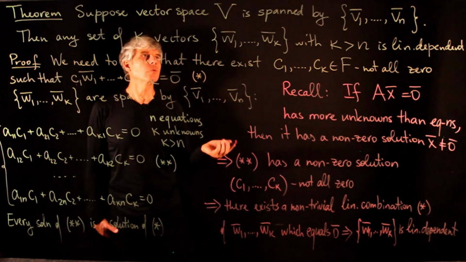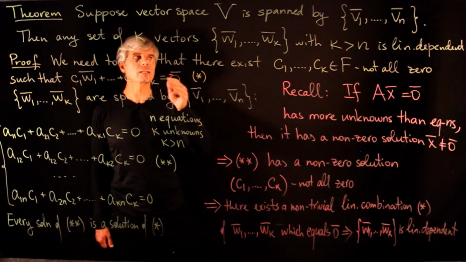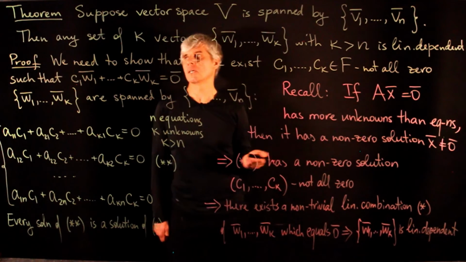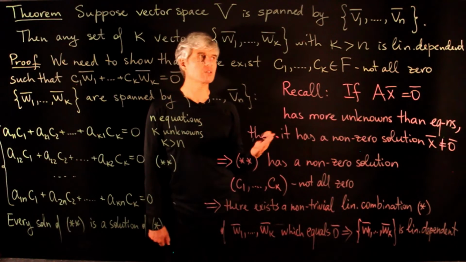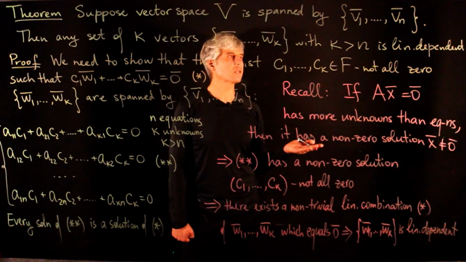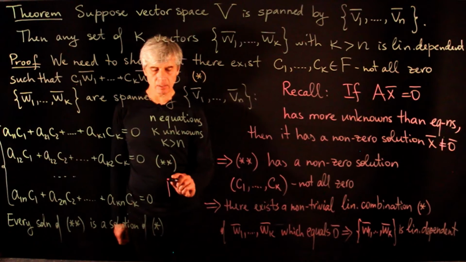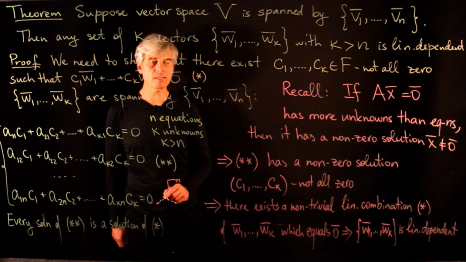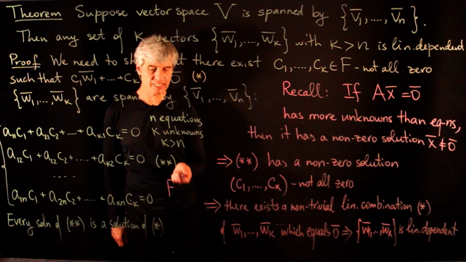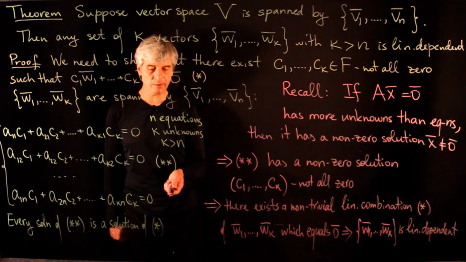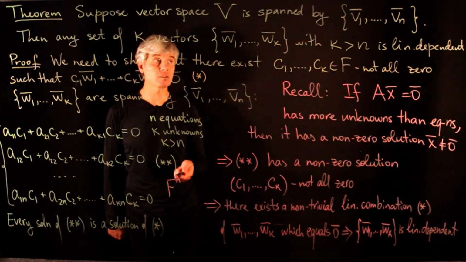So what we obtained is that if a vector space is spanned by n vectors, then any set of k vectors with k greater than n is linearly dependent. Now, if we look at the special case of the space Fn, we saw that we have a standard basis of n vectors, so this vector space is spanned by n vectors.